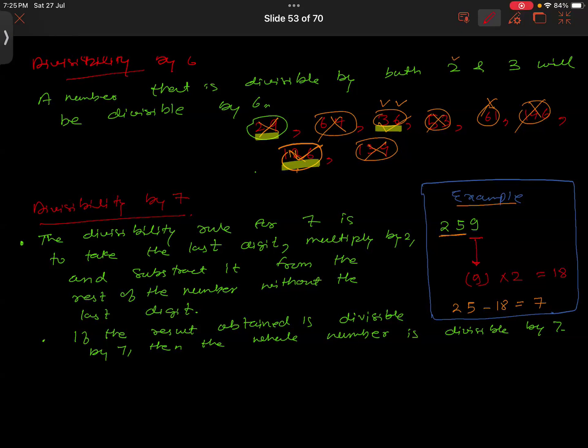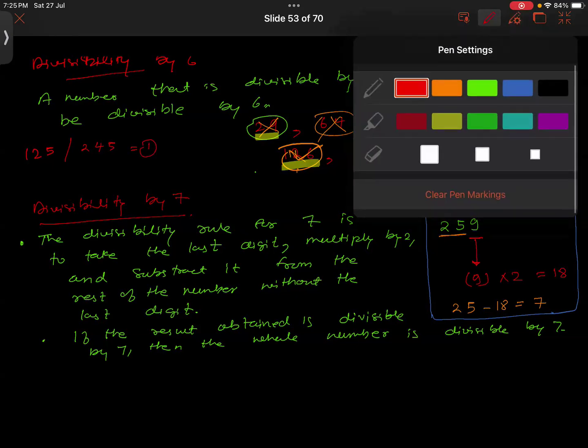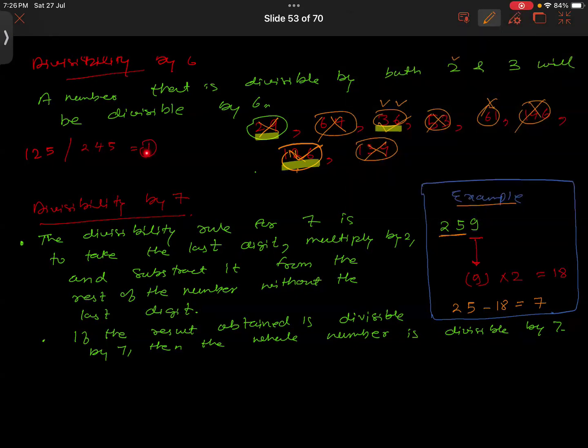In one particular question, you had the numbers 125 and 245, and you found out its HCF as 1. How can that even be possible? 1 is the lowest number that could be a factor of any given number. How can it be the highest common factor?